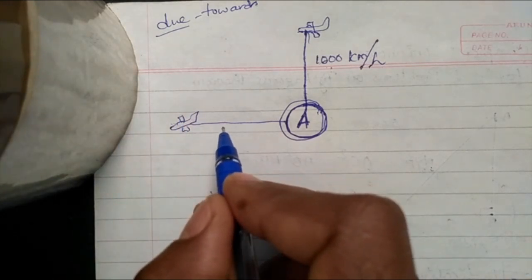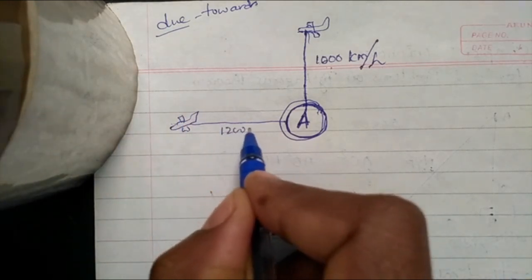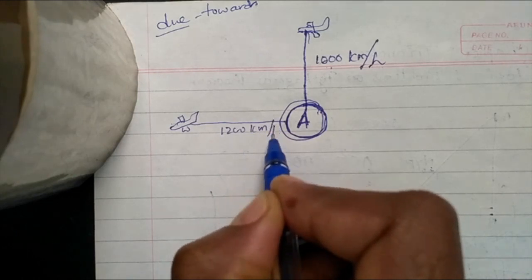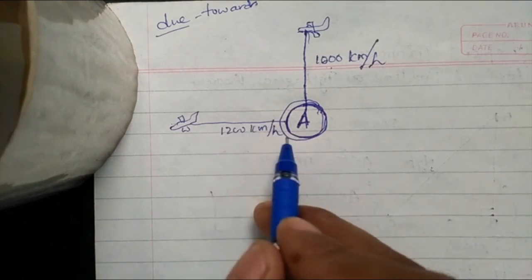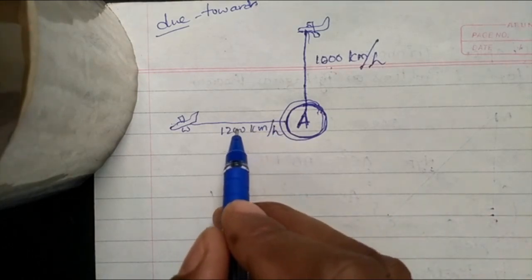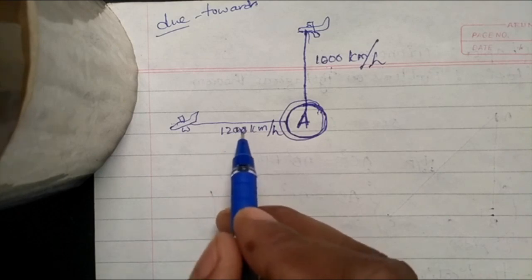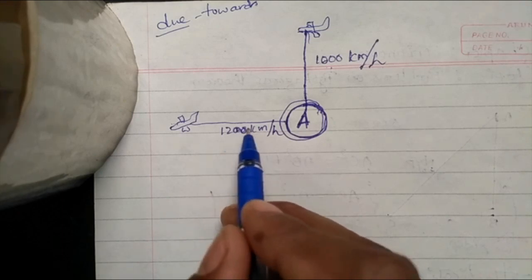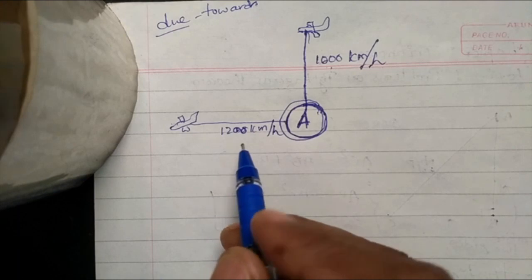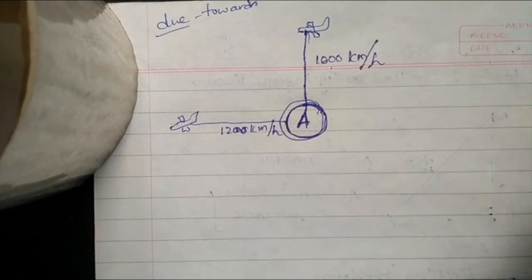Its speed is 1200 km per hour. That means this aeroplane travels 1200 km in 1 hour, in 2 hours 2400, in 3 hours 3600. The question is, how far apart will the two planes be after 1.5 hours?